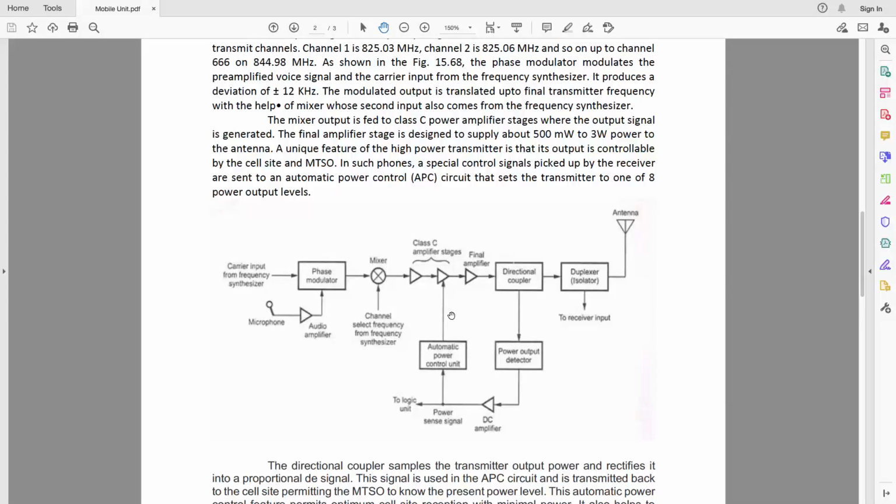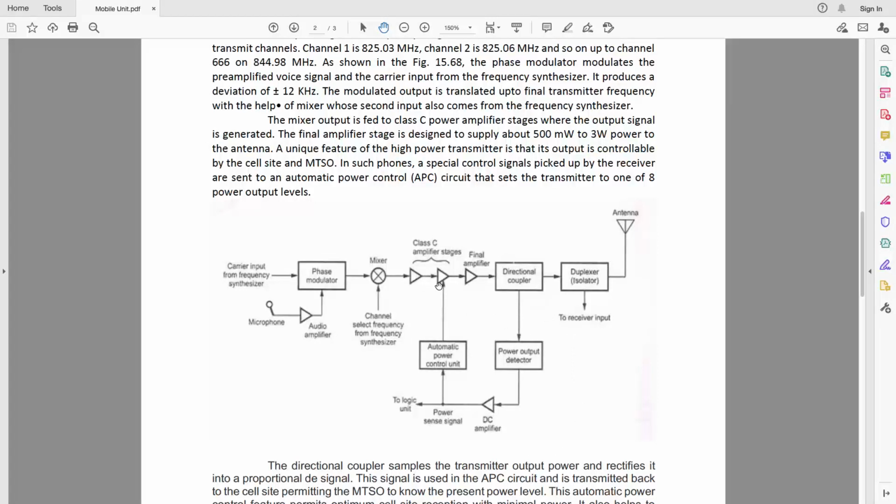So this is actually a feedback circuit. This feedback signal is used to control the transmitted power. You only have to remember that these two blocks are the feedback elements, and they are used to control the transmitted power.